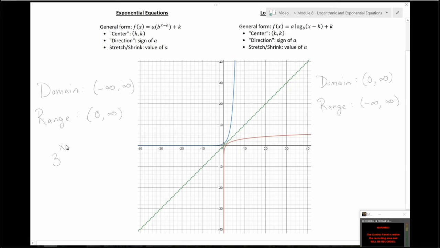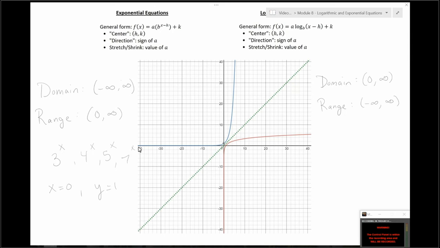and we can see that based on the following. Let's say we have this basic function, 3 to the x. If I plug in 0, my y value will be 1. And it doesn't matter whether this was 3 to the x, or 4 to the x, or 5 to the x, or 7 to the x. If I plug in 0, some number to the 0 power will be 1.